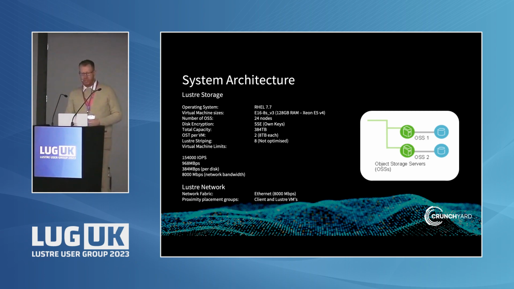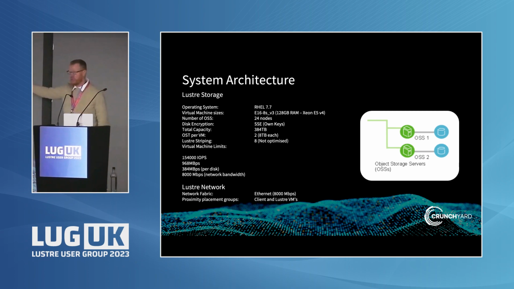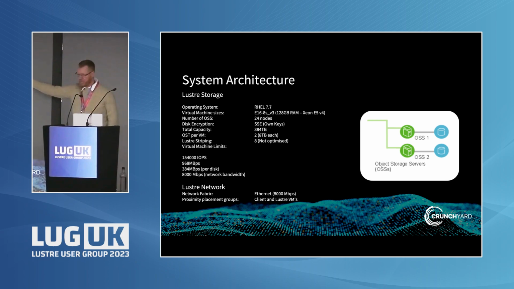For the storage servers, the E16 was used, once again with Red Hat 7.7 and disk encryption, which I'll talk a bit more about later. The total size of the storage was 384 terabytes. More importantly, there were 2 disks per OSS.